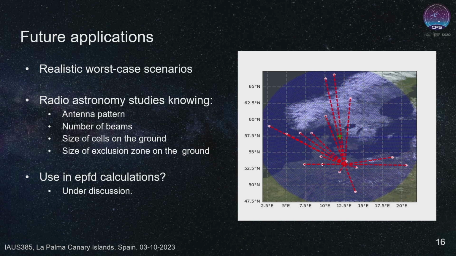But you need to have a way to say, all right, if there is a satellite and it goes through my beam, what is the statistics of the amount of power I will receive? So how much time, or what percentage of time will my receiver just saturate because the emission is too high, or will it produce intermodulation and stuff? So that's one of the things we can do.